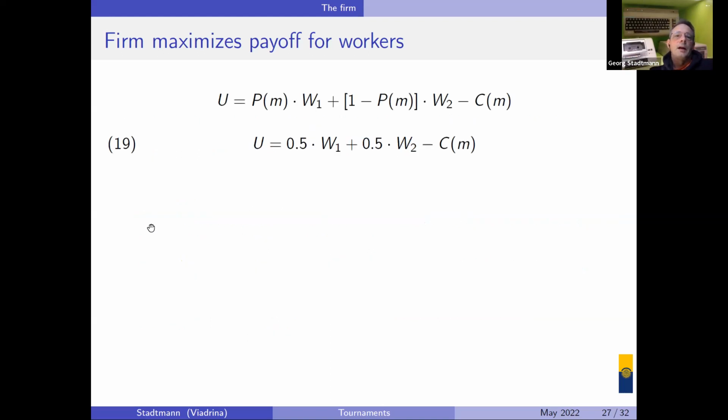Okay, the firm has to maximize the payoff for the workers. This is the utility function. We plug in that the probabilities are 0.5. We can write 0.5 out of brackets and we get to equation number 20.